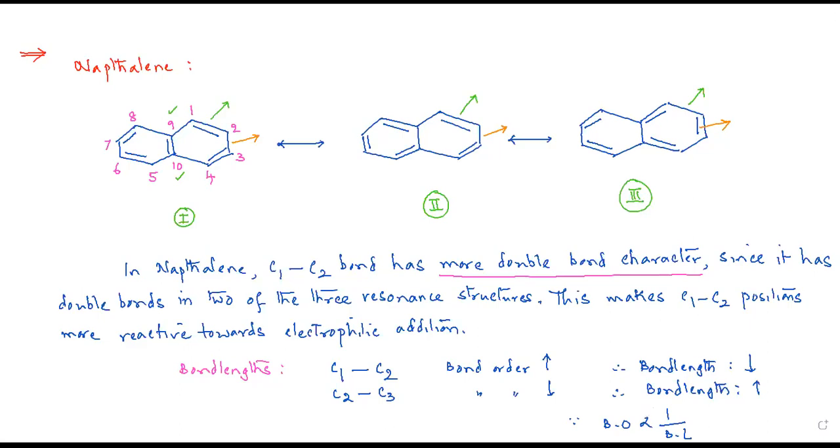Now let us go for anthracene. 3 fused benzenes. If you observe the numbering, look at this.